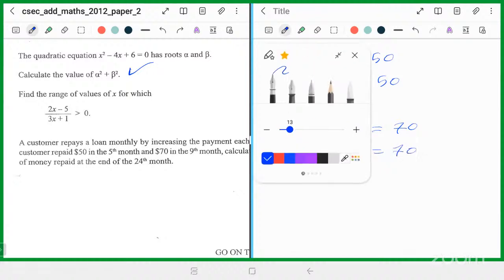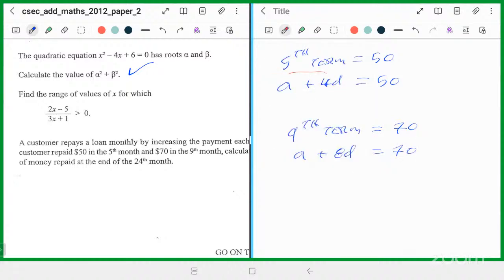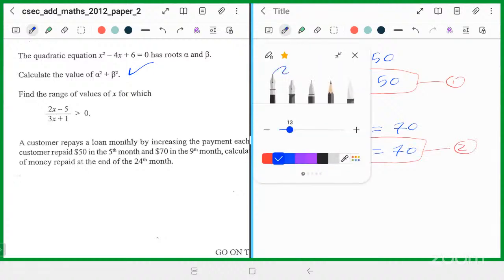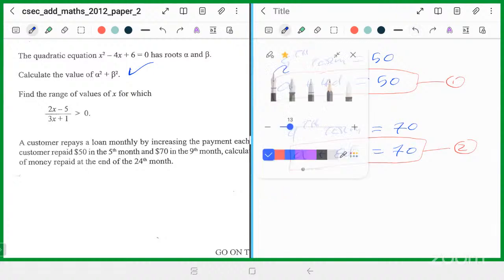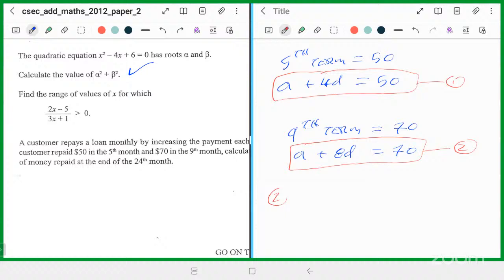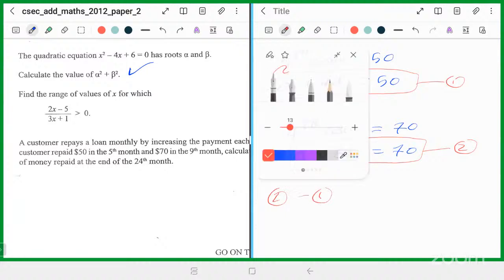And so we have these two simultaneous equations to solve to find the first term and the common difference. This is equation 1, this is equation 2. Once you find a and d, you can answer anything. We're going to subtract equation 2 minus equation 1.